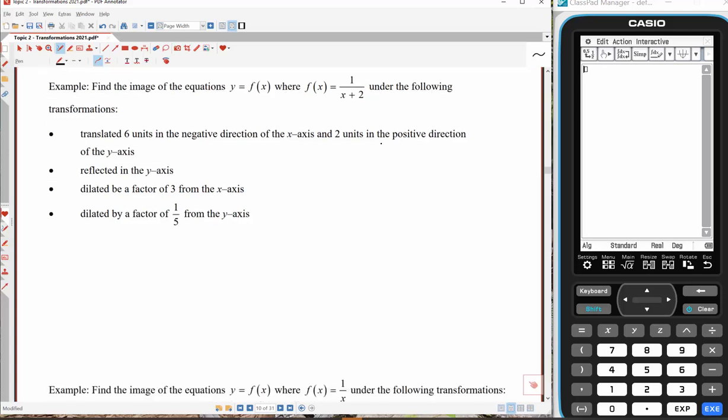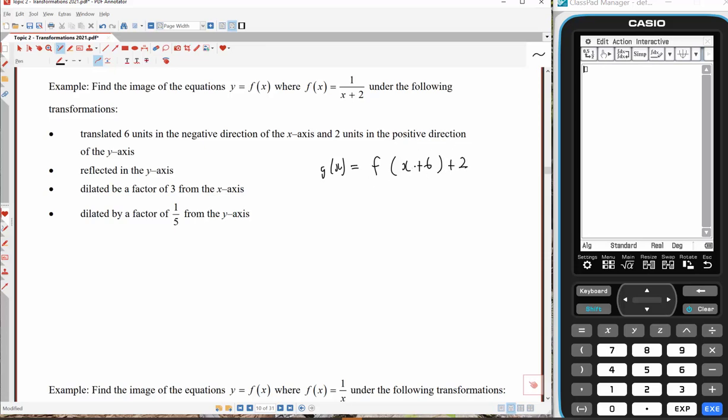Okay, so two more problems. This one here, find the image of the equations under the following. Okay, so I've got f of x equals that, so I'm going to go g of x equals 6 units in the negative direction of the x-axis. So that's going to be f of x plus 6, 2 units in the positive direction of y.